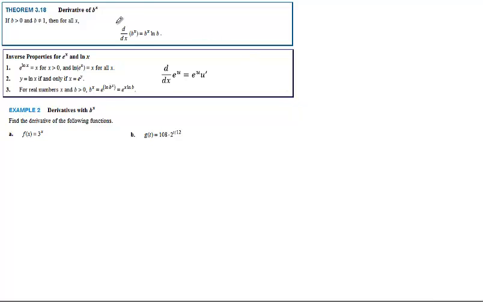To come up with the general rule for the derivative of some constant b raised to the x, I'll be using inverse properties. So let's look at b to the x, and I know from the inverse properties that b to the x can be written as e to the x natural log of b, where the natural log of b is just some constant.